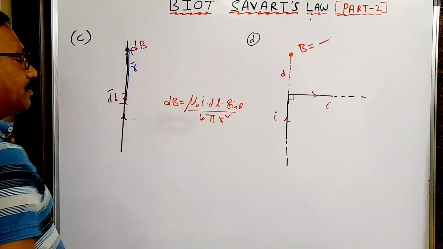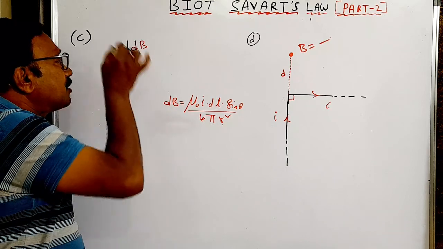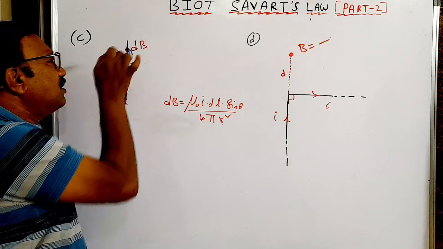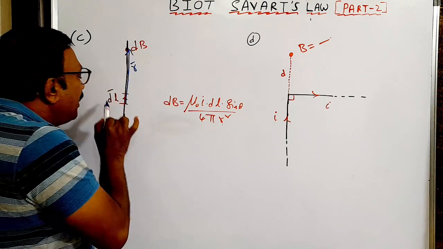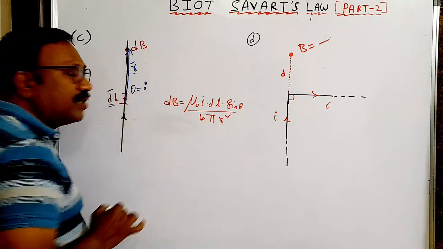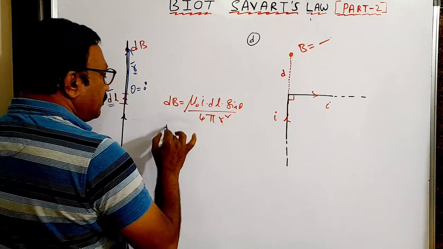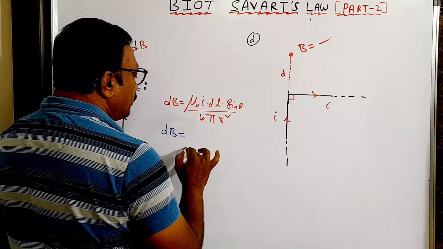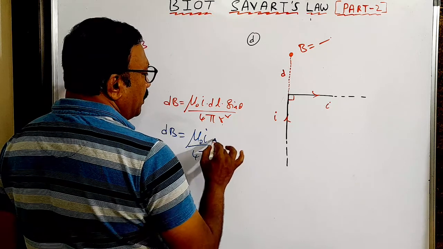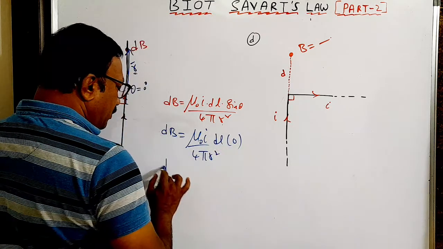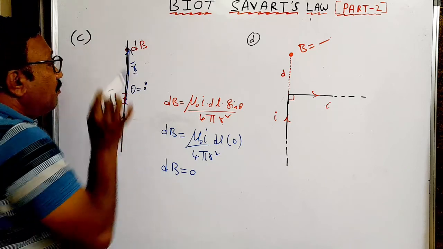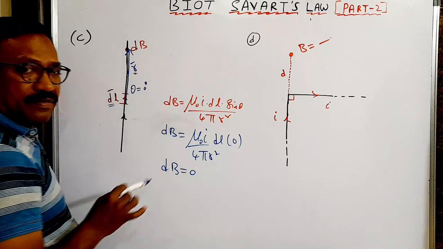This is r bar, because the distance to the point where you are determining the magnetic field is r. I want to determine the magnetic field on the wire only. So the angle between dl bar and r bar is how much now? 0 degrees. So sin 0. So dB is equal to mu naught I by 4 pi r square into dl into sin 0. So the magnetic field is 0. Due to this element, the magnetic field at this point, dB, is 0.